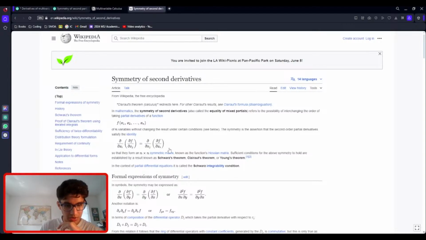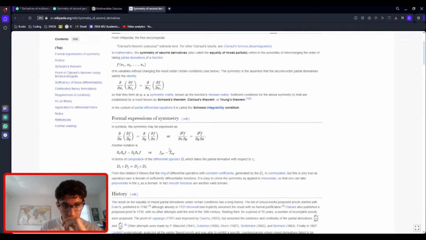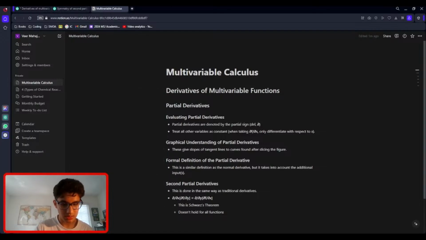Okay, this is getting a bit too complex, I think. This is too complicated, more than I was expecting. So we'll just let it be.